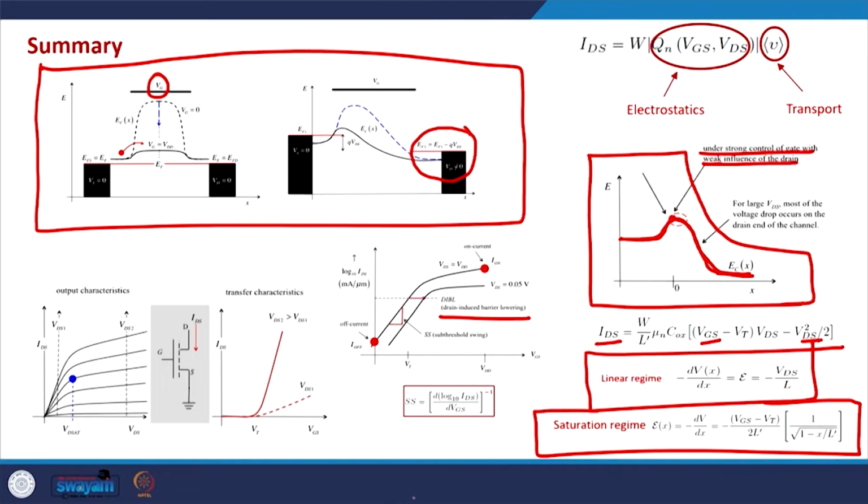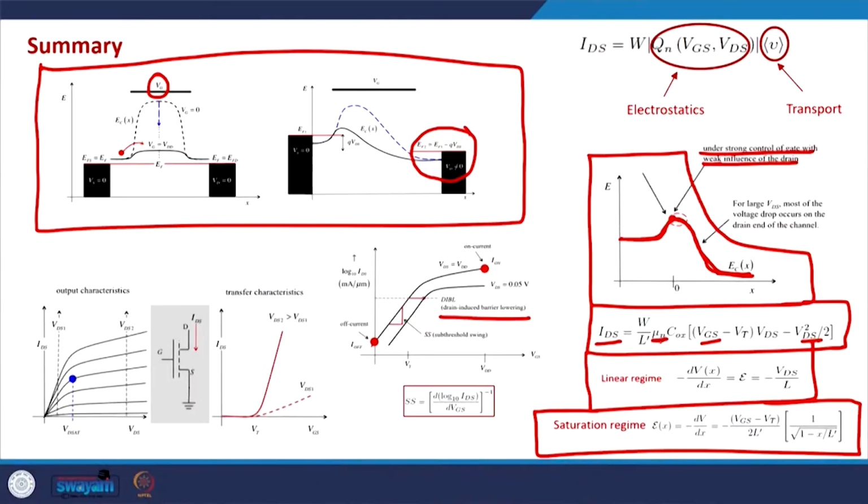But we also saw that generally this equation is not valid if we go to nano MOSFETs or ballistic MOSFETs, because in that case the notion of mobility is not defined, and we might need to consider ballistic transport. So, we need to invoke the general model of transport in order to properly understand the MOSFET physics.